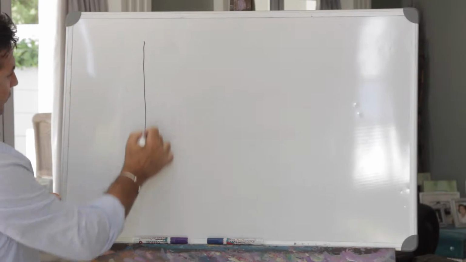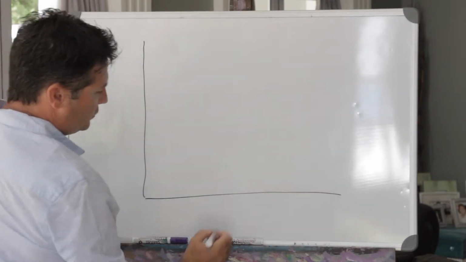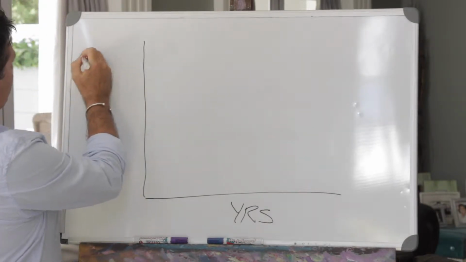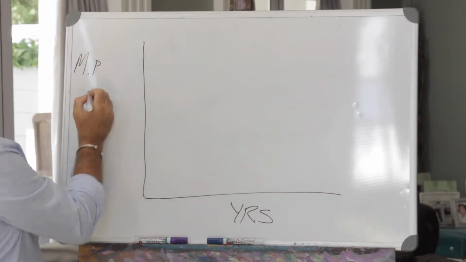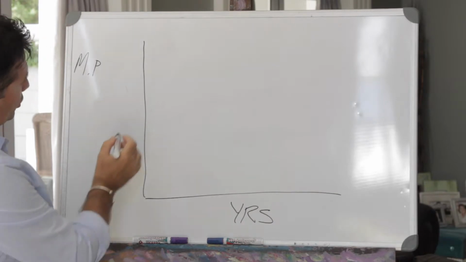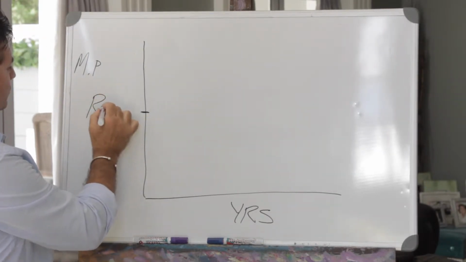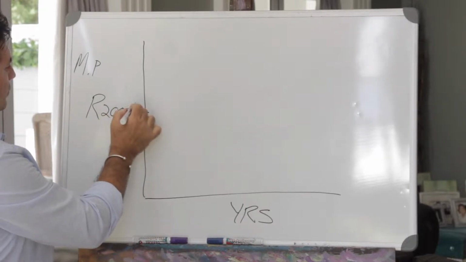So I've got a graph. On this side, I've got years, and this side is monthly payments. So we'll start on a number here of 2,000 Rand per month.